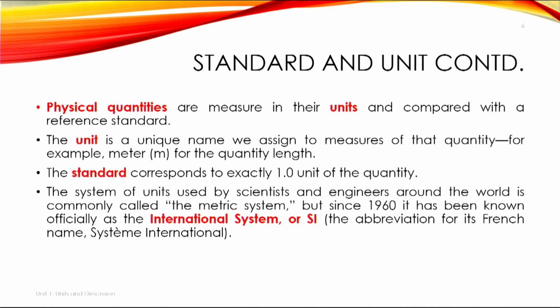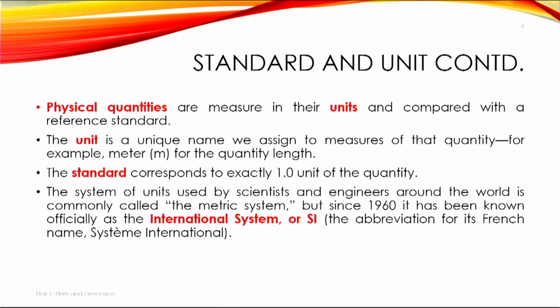The unit is a unique name we assign to measures of that quantity, for example, meter, represented with the symbol m, for the quantity length. The standard corresponds to exactly 1.0 unit of the quantity.